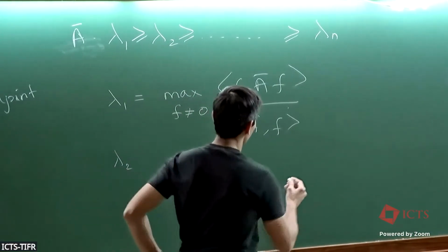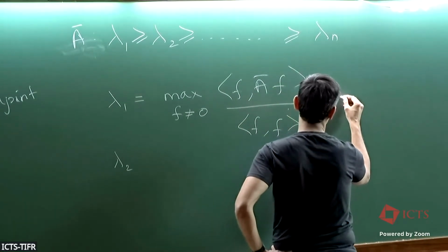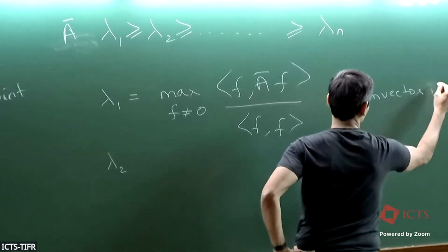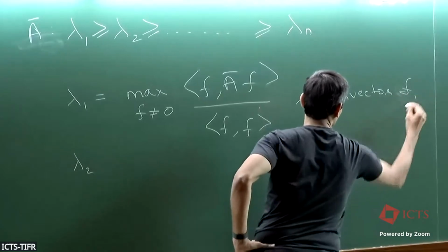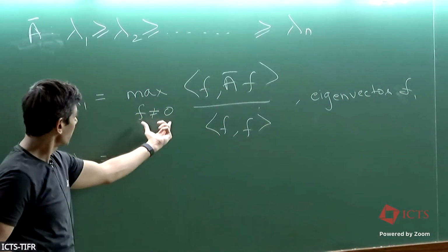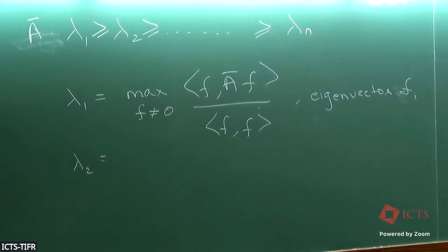And let's say the corresponding eigenvector is F1. Then we can define lambda 2 as doing the same operation, but this time we are searching over vectors which are orthogonal to the first eigenvector, because we said they form an orthonormal basis for the whole space.